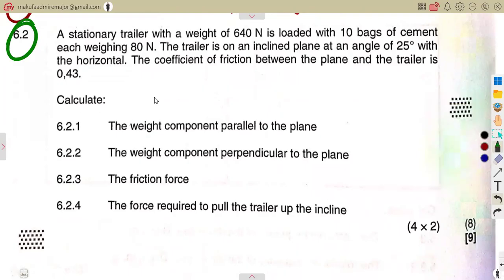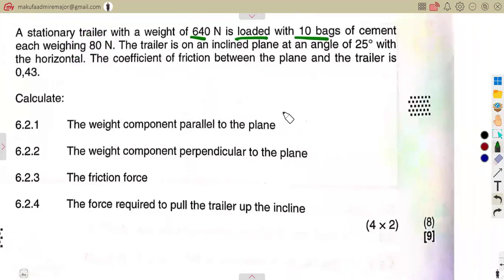A stationary trailer with a weight of 640 Newton is loaded with 10 bags of cement, each weighing 80 Newton. All right, thus we have got a combined weight there. The trailer on its own has 640 Newton.